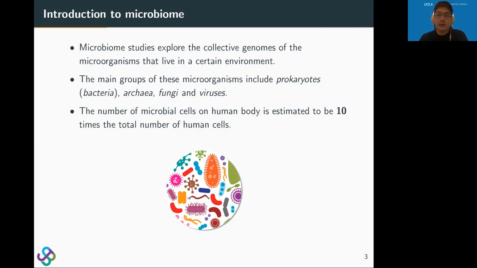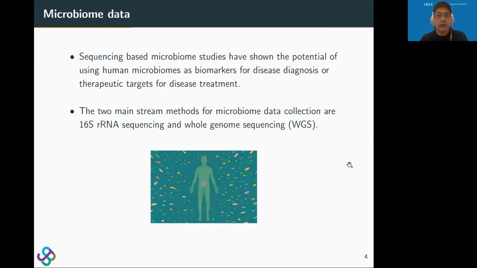Recent researchers have discovered that the microbiome plays an important role in human health. Right now, sequencing-based microbiome studies have shown the potential of using human microbiomes as biomarkers for disease diagnosis or therapeutic targets for disease treatment.